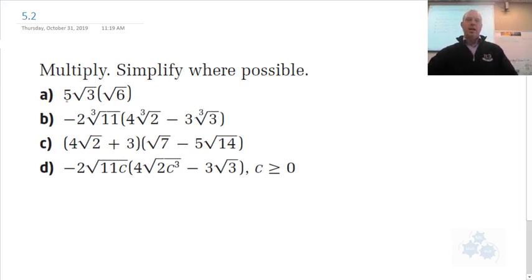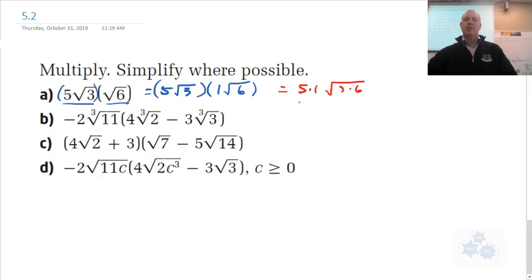If we're asked to multiply these two things together, 5 root 3 and root 6, root 6 is the same as 1 root 6. So just so long as you know that, if there's nothing shown there, that's a 1. So we do 5 times 1, and then the square root of 3 times 6. Multiply the integer parts, and multiply the radical parts. These are both square roots, so we're good to go.